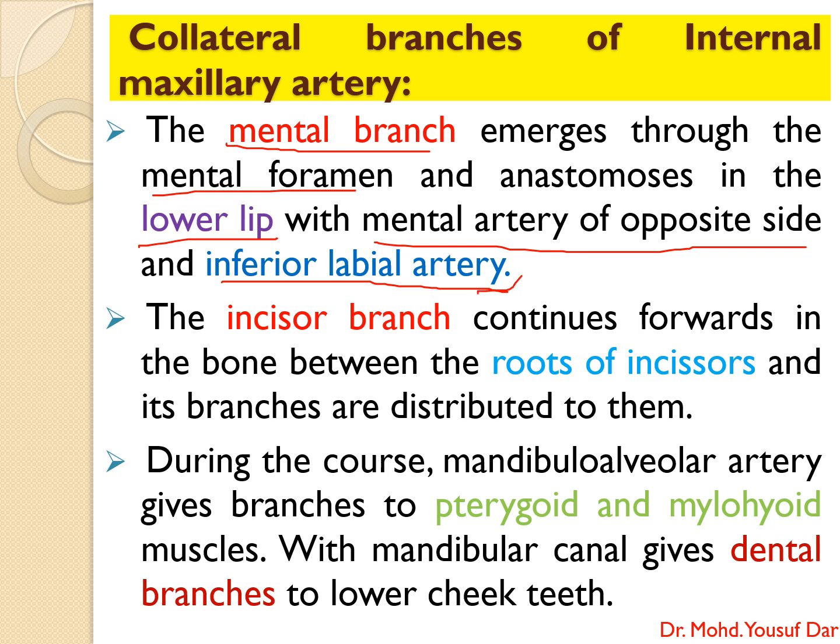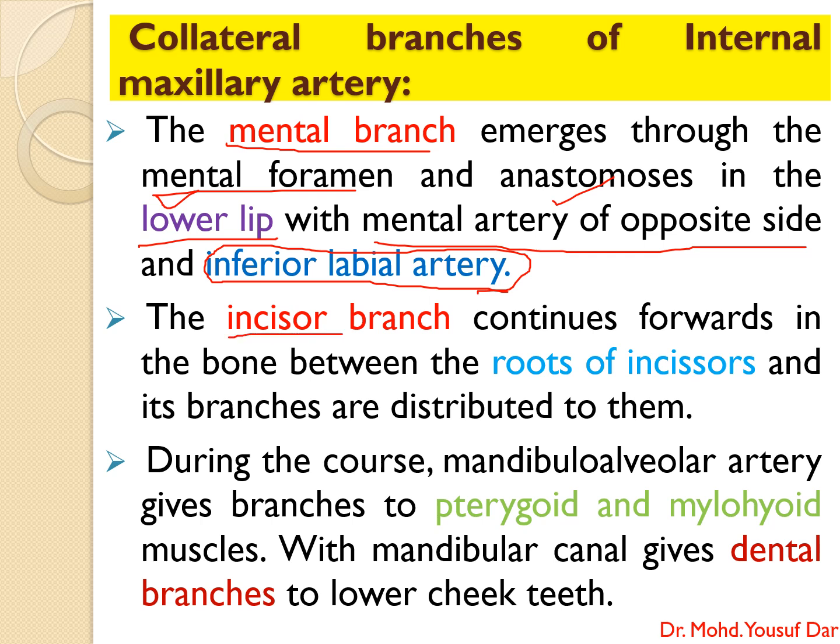The inferior labial artery is a collateral branch of the external maxillary artery. So the mental branch comes out of the mental foramen, supplies the lower lip, and anastomoses with the inferior labial artery and the mental artery of the opposite side.